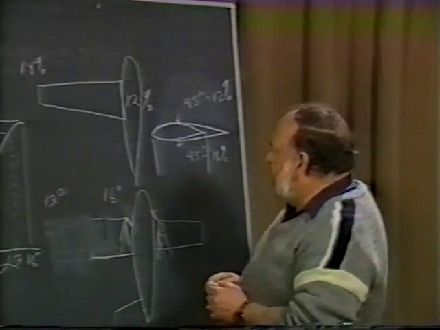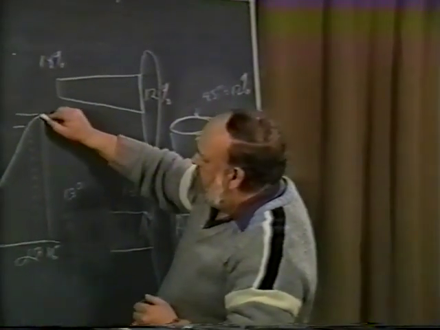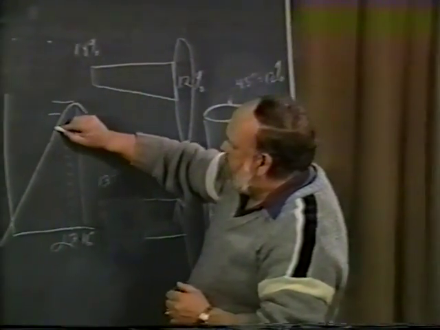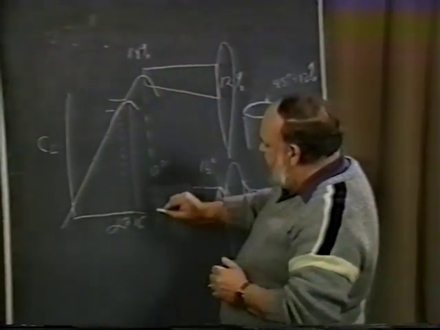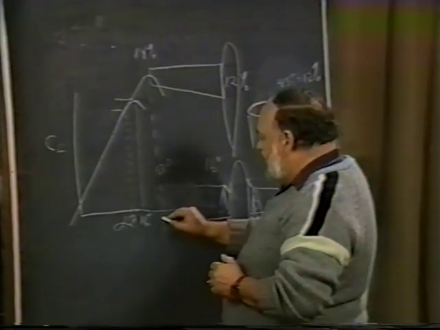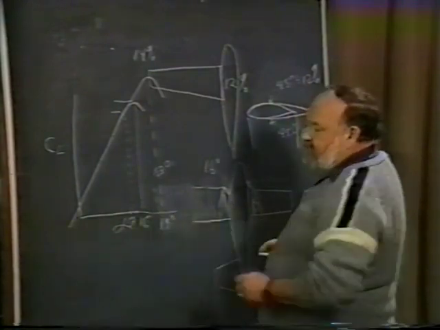So the net result was that the inboard airfoil had a lift curve slope like this, but the outboard one had one that went up like this. And this occurred about 3 degrees, let's pick 19 degrees here, about 3 degrees higher than the inboard one.